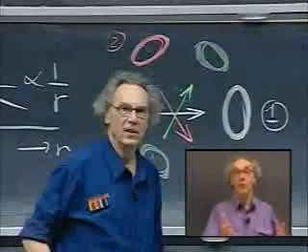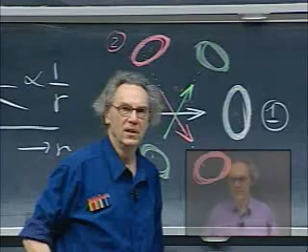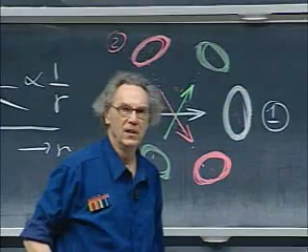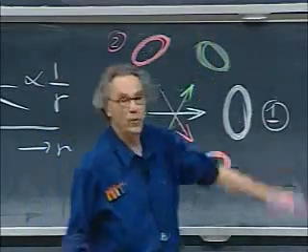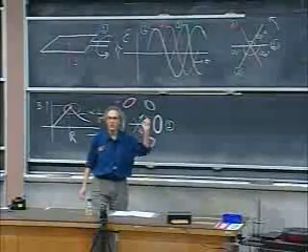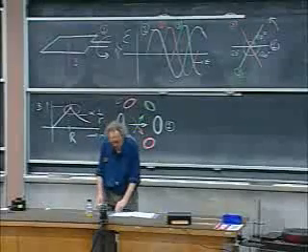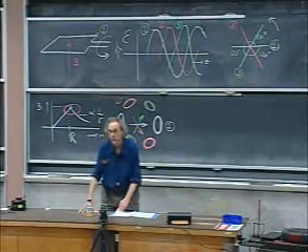Okay, let's now go back to my original lecture. Well, it rotates once around in the period of your alternating current. If that is a 60 Hertz current, then it will rotate around with 60 Hertz, 60 times per second.